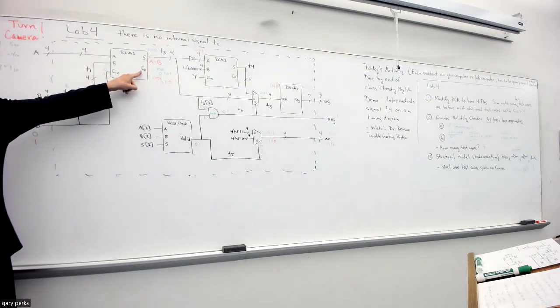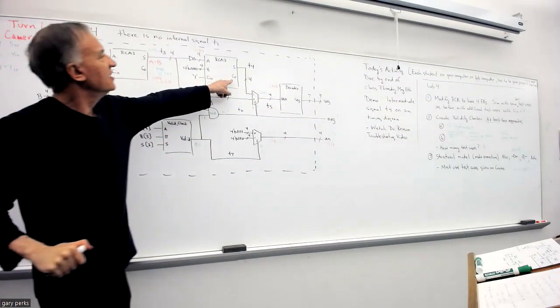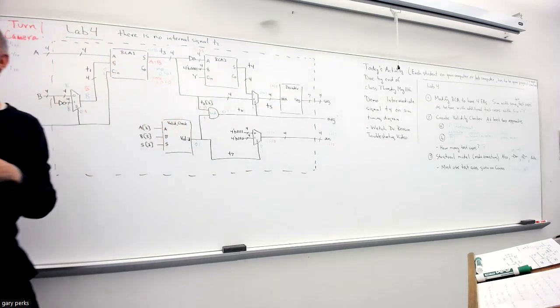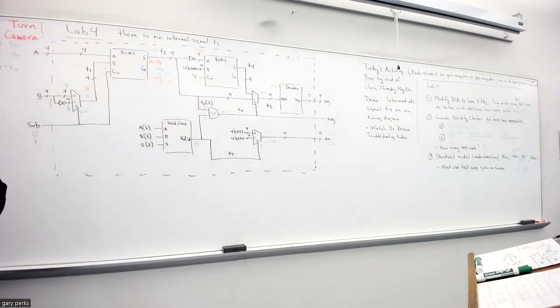Okay, let's see. The last thing I want to mention, unless you have more questions, is, notice that the carry out of the RCAs are not connected to anything. Why is that? Why don't we care about the carry out? Yeah, they don't matter, exactly.